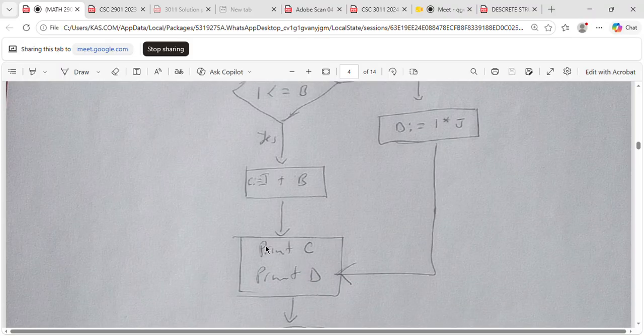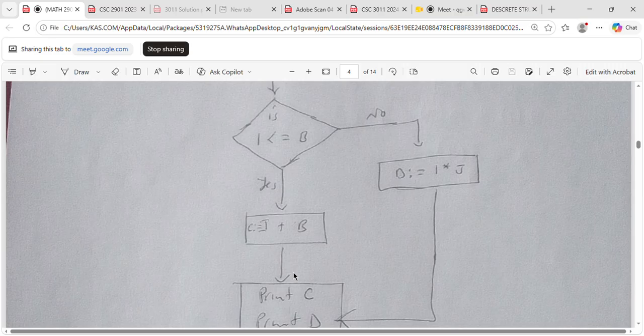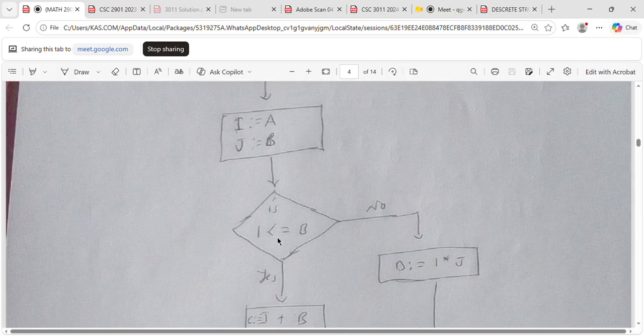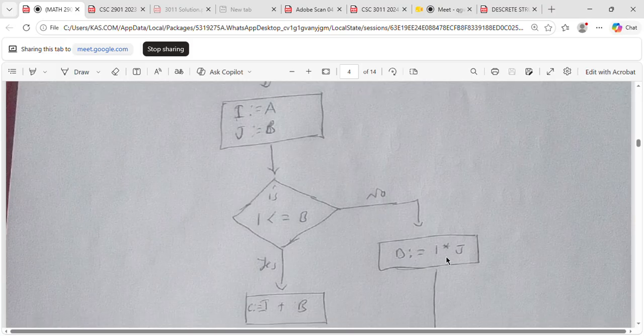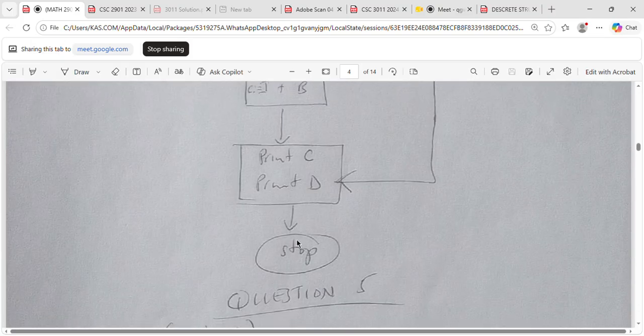Then you print that. Please, we forgot something here. There is an increment part. If no, you multiply those, then you print.